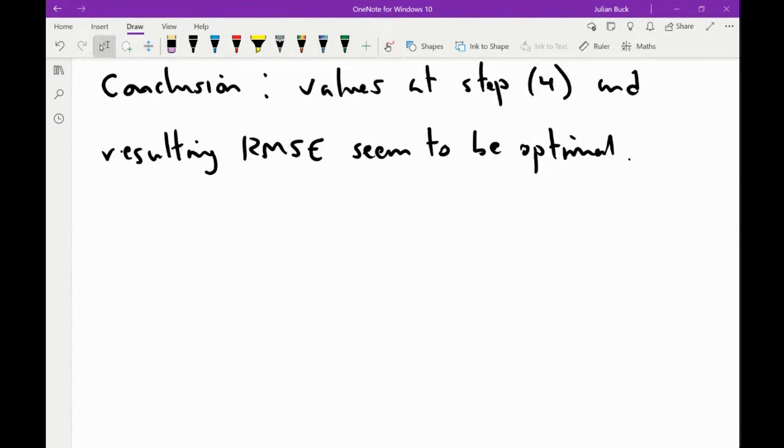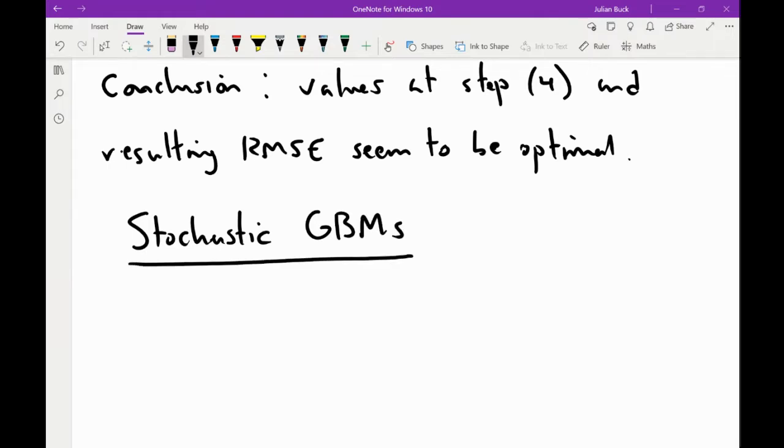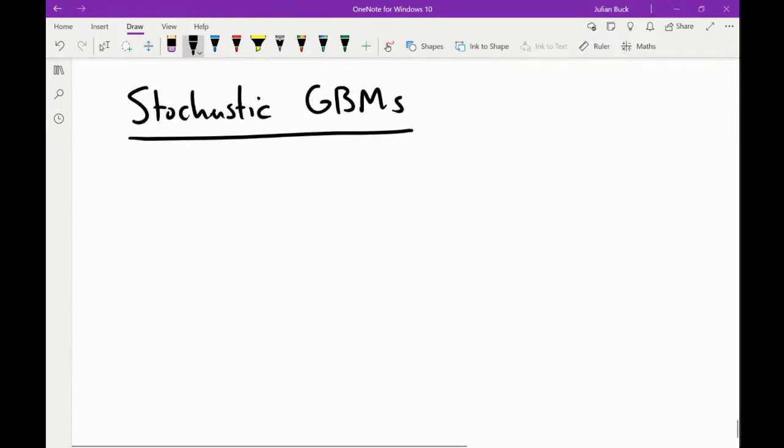All right, so the next thing we can do is add in the stochastic idea. So the idea here is we take our regular gradient boosting machines and we move to stochastic gradient boosting machines.